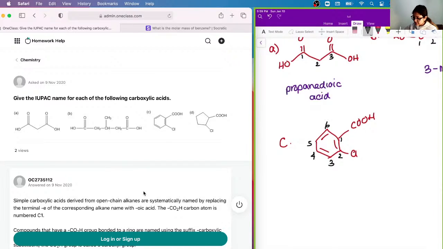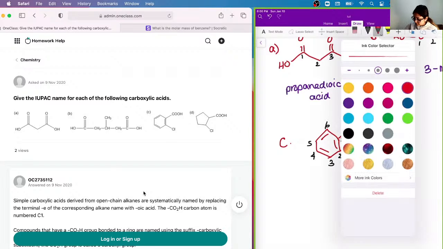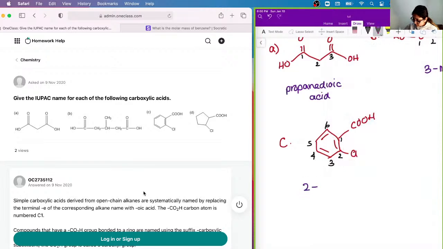Right, we have 6 carbons, and our substituent over here is chlorine. So our name for this compound would be 2-chloro. Since it's 6 carbons, it's a benzene ring, right? So it's going to be chlorobenzoic. In this case, notice that it's not di because we don't have 2 carboxylic acids, it's just one, so it's going to be benzoic acid. Okay, so that was for C.